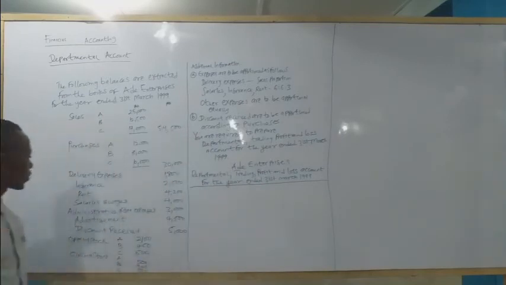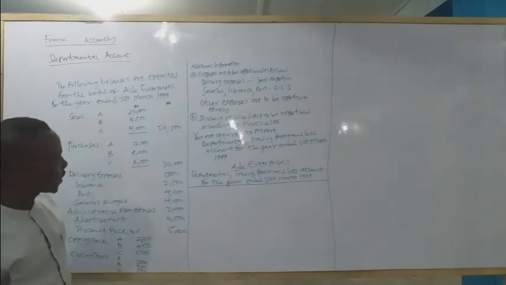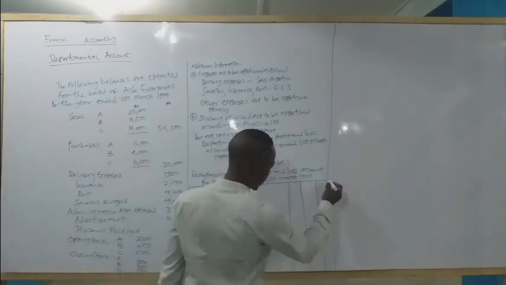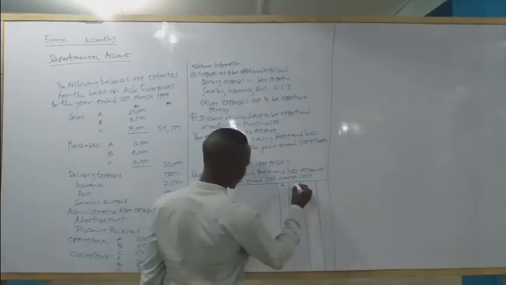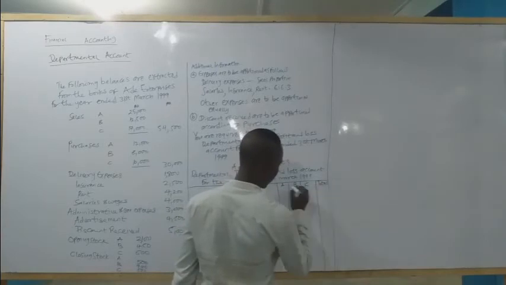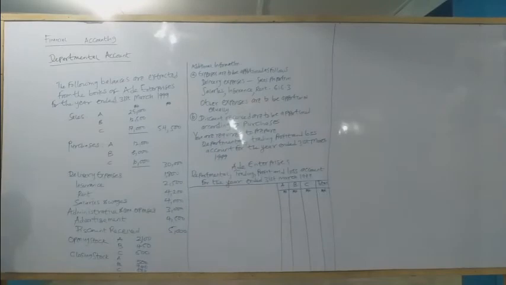So, from this question, we have three departments, A, B, and C. So we have three columns in there. We decide to have a total column as well. So we have A, B, C, and total. So we are taking them from what?